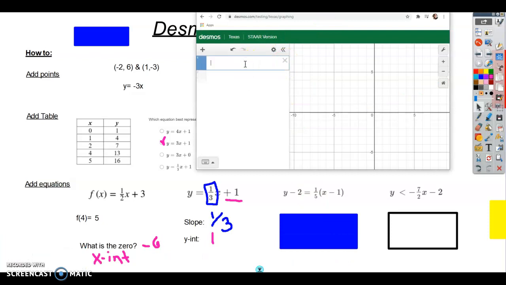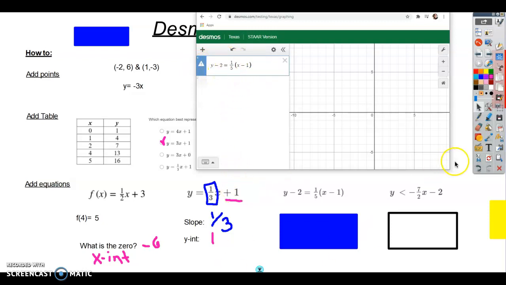Okay, well, if you're using the Texas calculator, which that's what I'm using right now, parentheses, x minus 1, it's not going to graph it. You see how it has that little exclamation mark? It says that it cannot graph it. Why?